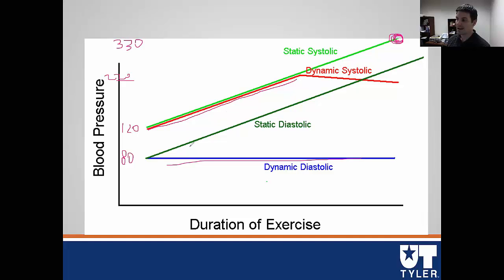Also, because total peripheral vascular resistance is much higher, diastolic blood pressure also increases linearly with that. So as you can imagine, these are going to have big impacts, maybe a suggestion to avoid static exercises if you have someone with high blood pressure.